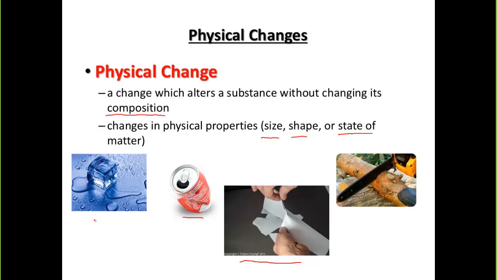If we melt ice, ice is still water, or H2O, whether it's a solid, a liquid, or a gas. It's still water, just in a different state of matter.